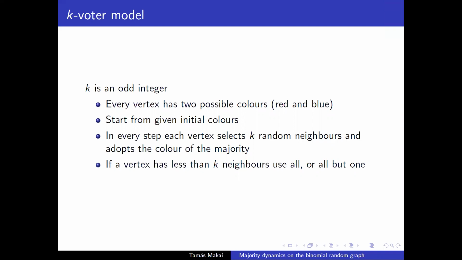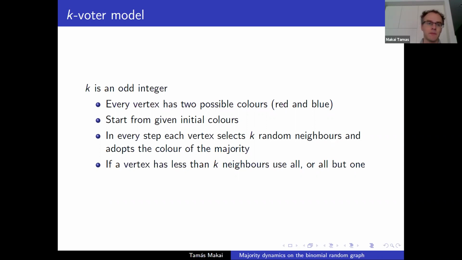So in majority dynamics, in case there is a tie, then we keep the current color of the vertex. However, in the K-Walter model, the color of the vertex is blue with probability 1/2 and red with probability 1/2.